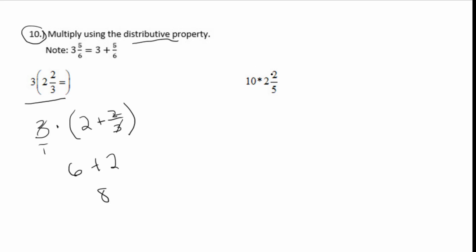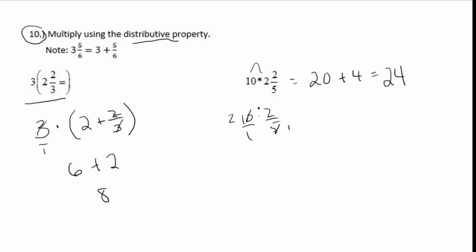And if you get halfway decent at these, you can do them in your head. This one I'm going to kind of do in my head. This is 10 times 2 plus 10 times 2/5, which I can reduce this to 2 over 1. Multiply straight across, I get 4. So the answer here is 24.